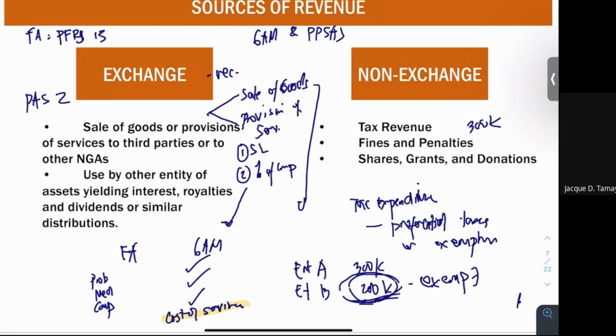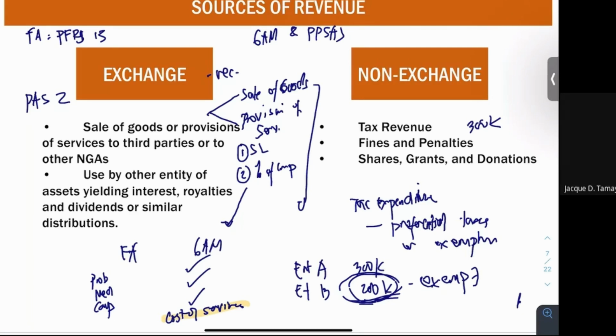Next, we have your shares, grants, and donations. So when we say grants or donations, generally these are any grants or donations in favor of the Philippine government. So one thing that you need to take a look at in your grants and donations is whether the grant or donation is with condition or without condition.